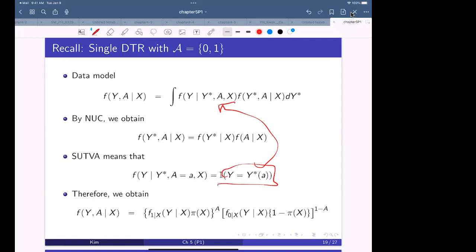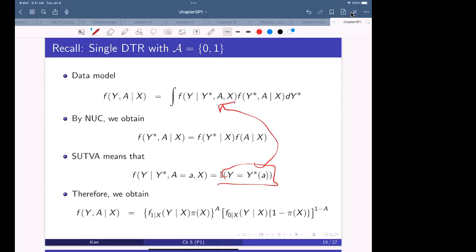It turns out that given, for example, A equal to 1, this integration is over Y star 1. For A equal to 0, this one will be over only Y star 0. Exactly.